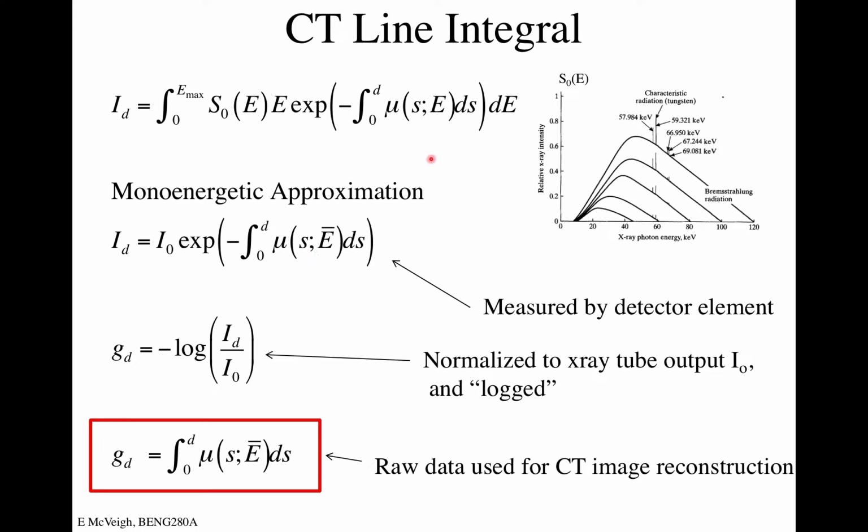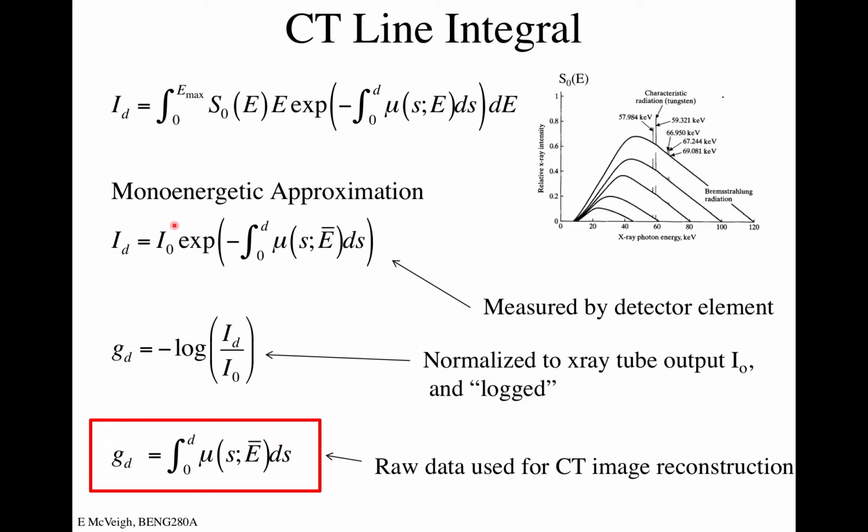So this integral just gets reduced to making mu a value that has just one value in terms of energy, say E, the average energy, we'll just plug that in and use that. Make life easier. So now we're going from the source to the detector, integrating along that line the linear attenuation coefficient, which gives me the intensity of my measurement at the detector, given that I start out with I naught.